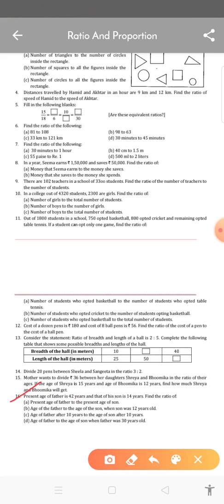Here the present age of father is 42 years and the present age of son is 14 years.